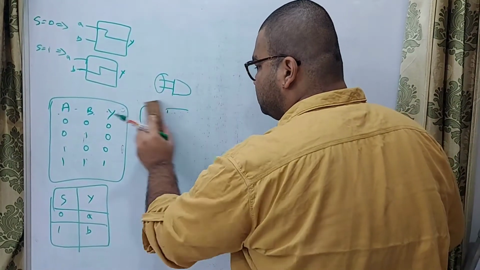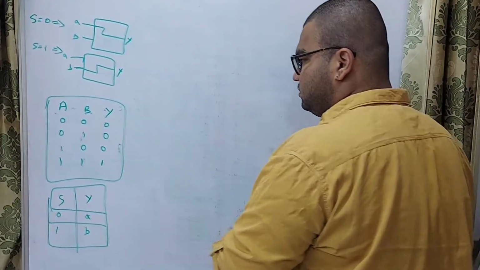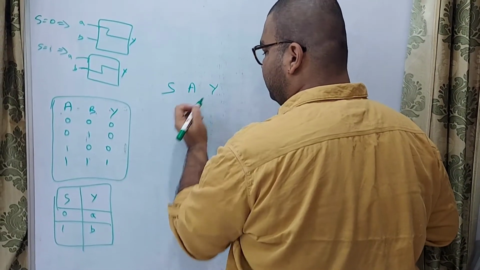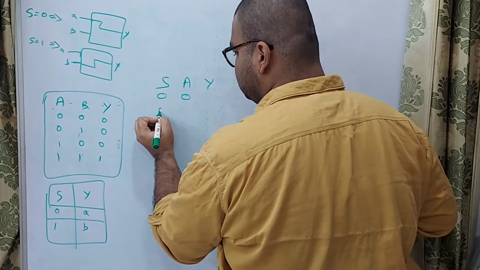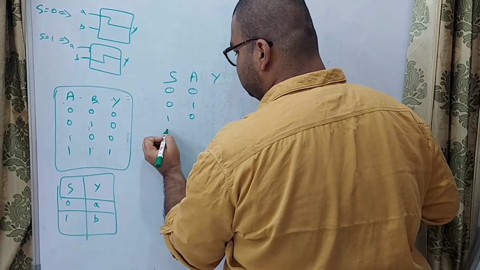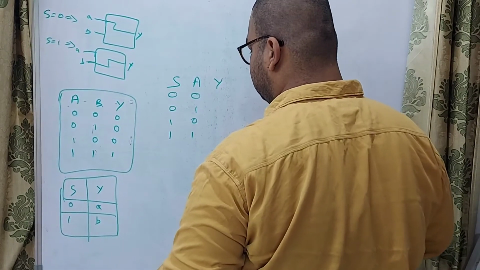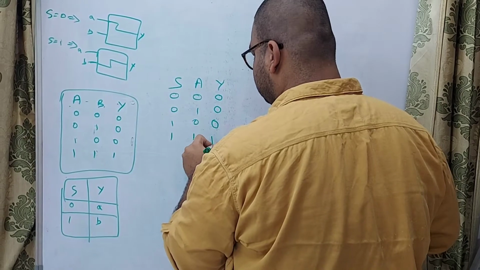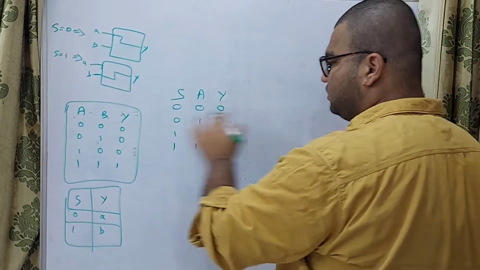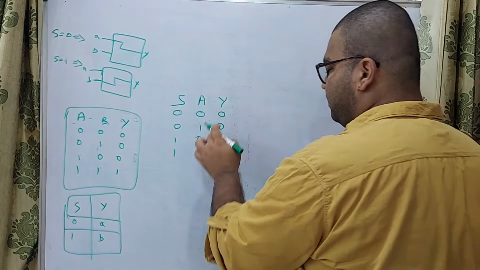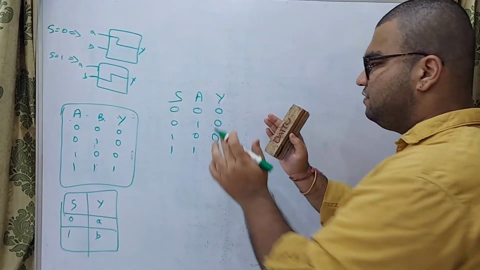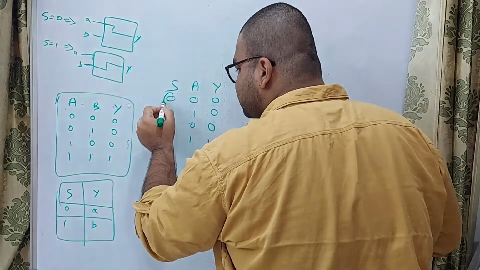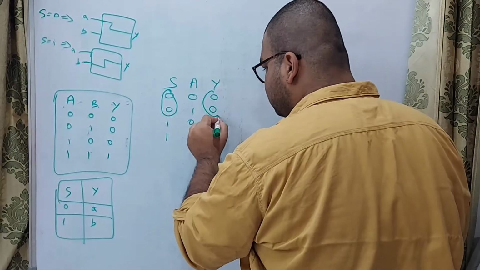So from here S, and I'm taking A and then taking Y. Now 0 0 0 1 1 0 1 1. We know the AND gate function: all are 0 and the last case would be 1. When you clearly observe here, when S is 0, output is 0.